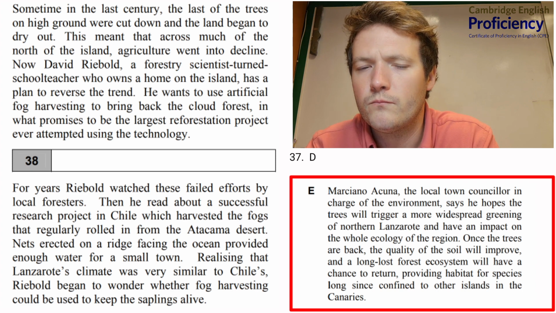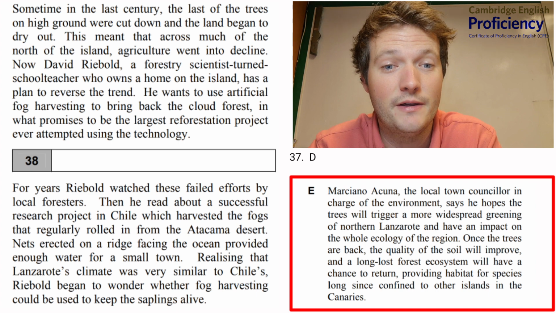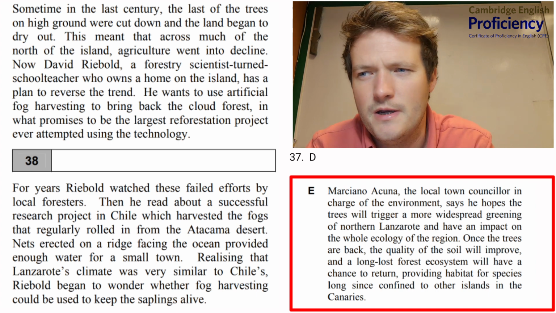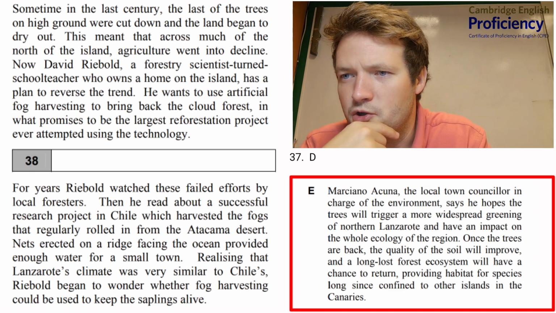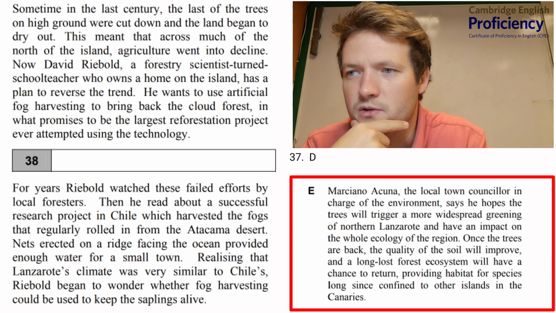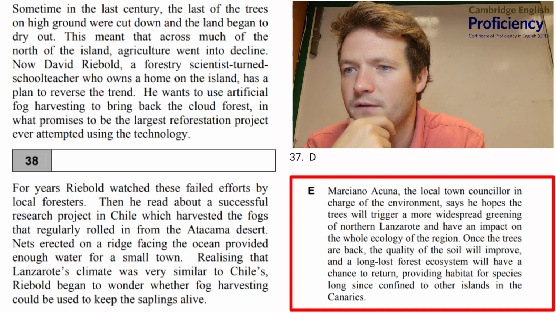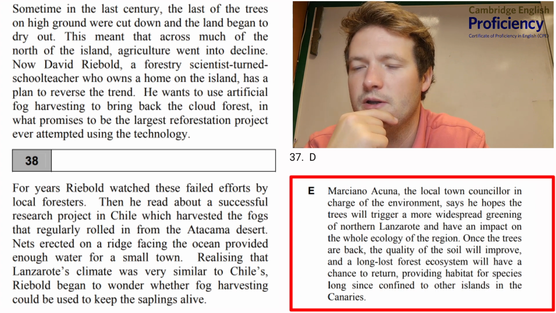Okay. I think the clue is going to have to be in the paragraph that comes after the gap. For years, Ribald watched these failed efforts by local foresters. So let's go to the end of option E. Once the trees are back, the quality of the soil will improve and the long-lost forest ecosystem will have a chance to return, providing a habitat for species long since confined to other islands in the Canaries.